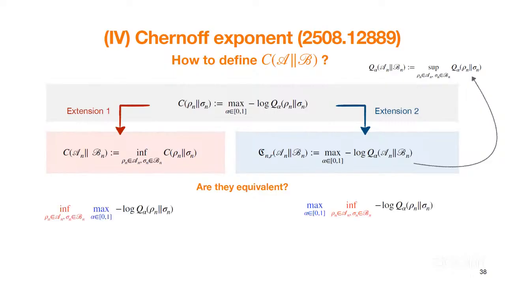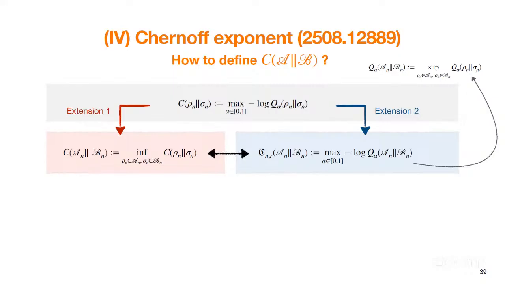This is also a minimax problem, but it behaves very nicely. So we know that this quasi-divergence is concave with respect to the state and convex in terms of alpha. So you can put this infimum and maximum inside of this log to apply the minimax theorem, a standard one. Then you know that the minimax holds. So these two extensions are essentially the same.